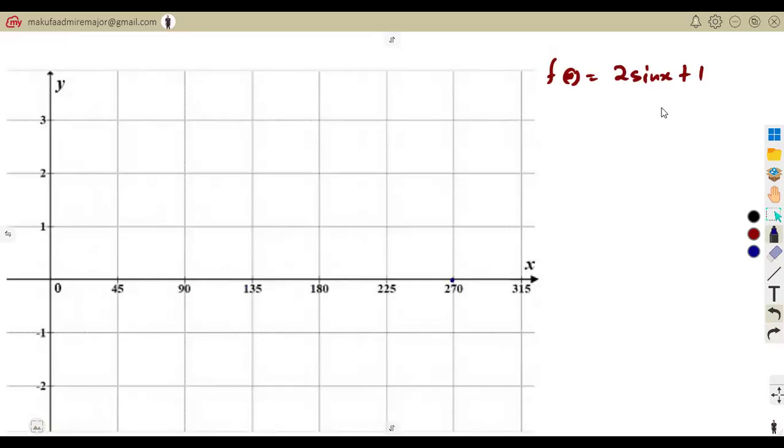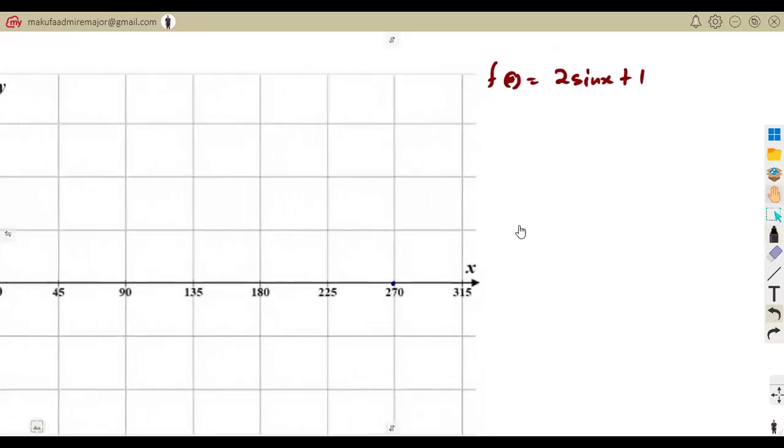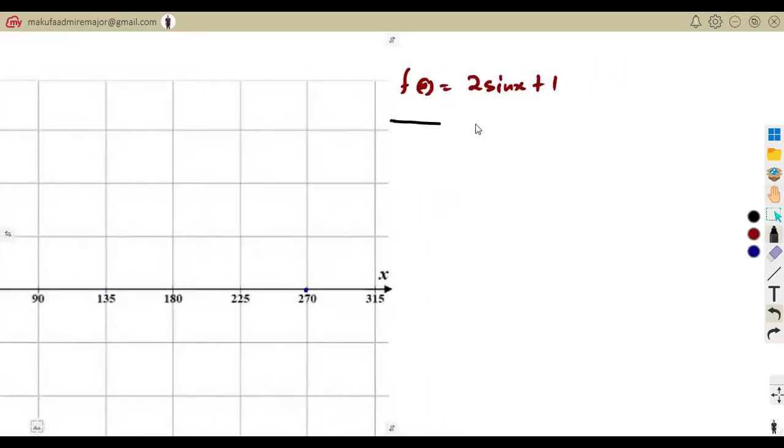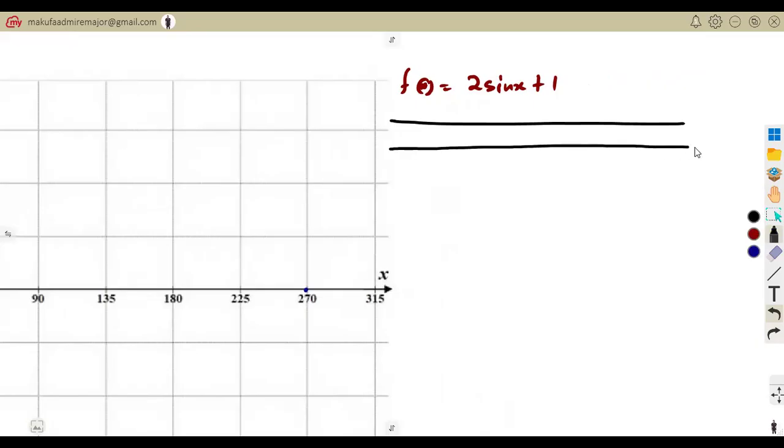So how can we draw this? We can simply substitute our values, guys. Use a table. If you're used to do that one, okay, you can just substitute your values there. All right, having your table. So remember when dealing with the graph of a sine, what was the step that you're using when dealing with the graph of a sine?